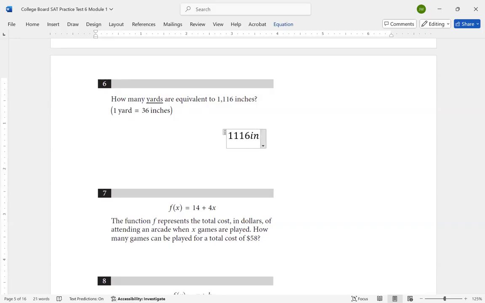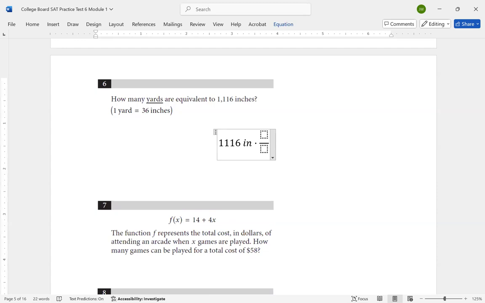1,116 inches. One way to convert is to think of multiplying by a fraction, which is the equivalent of 1. And moreover, when it's the equivalent of 1, we're going to put inches in the denominator. Since we want to convert to yards, we put yards in the numerator.